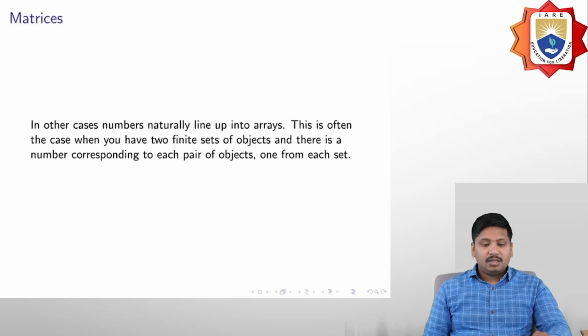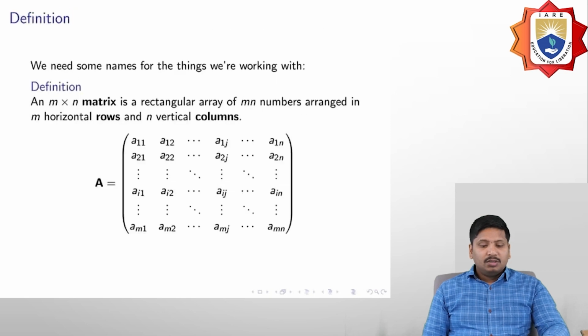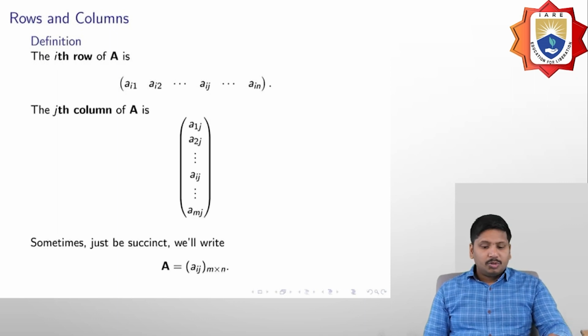And a matrix is another kind of representation that is a collection of a finite set of objects. How can I represent it? Suppose I have an example like pancakes, crepes and waffles, the three types of flat breakfast, but they have different ingredients. The normal definition is that an M by N matrix is a rectangular array of numbers arranged in M rows and N columns, and the row is this one, and the column is this one.